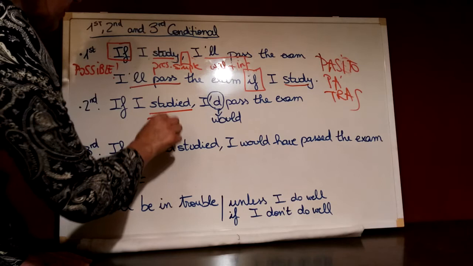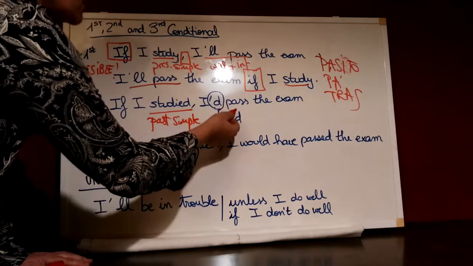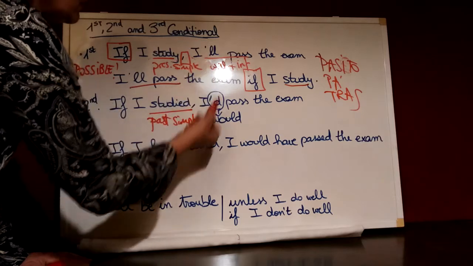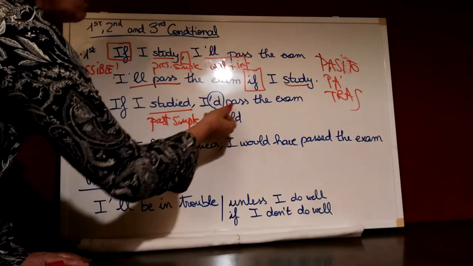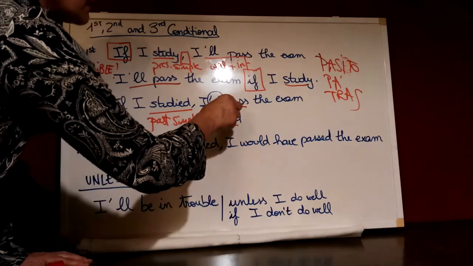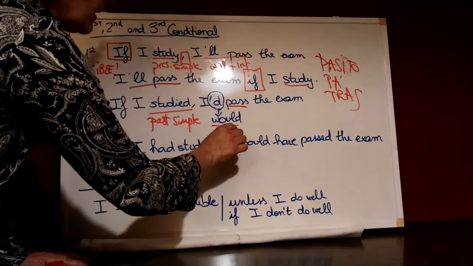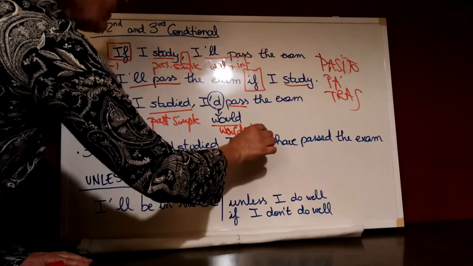Past simple here. What about the other side? In the other side, we're going to find not will, but if we go back to the past, we will find the conditional would, okay? Would plus infinitive again. So will becomes would in the second conditional. All right?